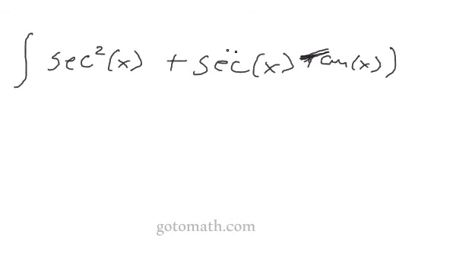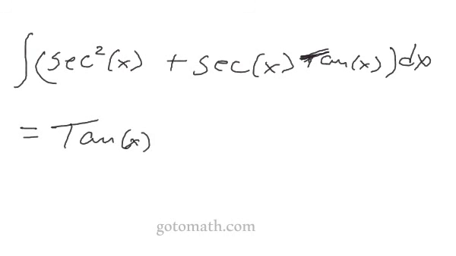So this is equal to, the integral of secant squared x is tan x, plus the integral of secant x tan x, which is secant x plus c.